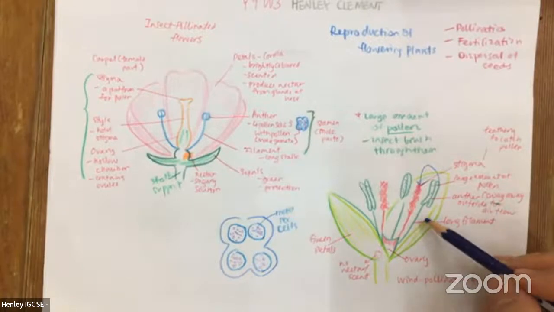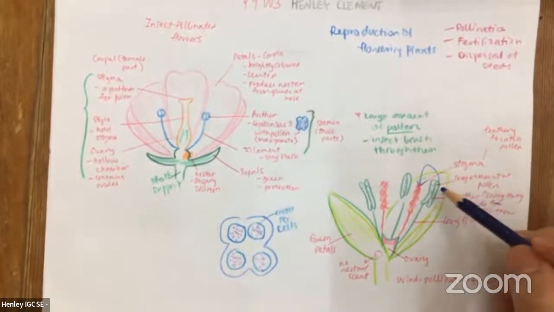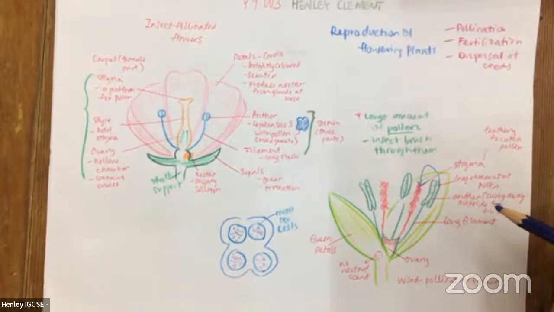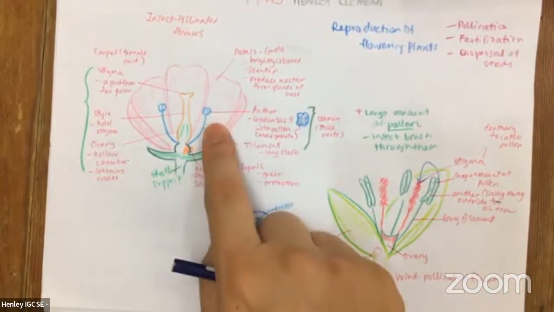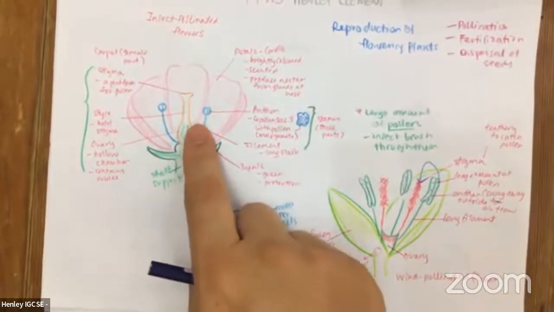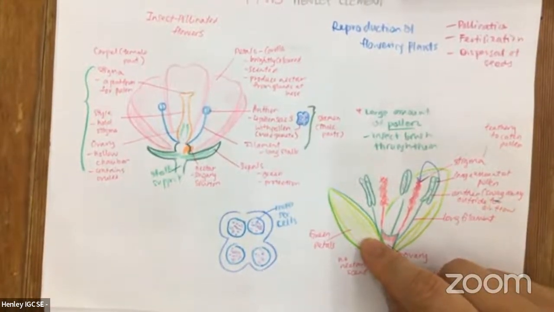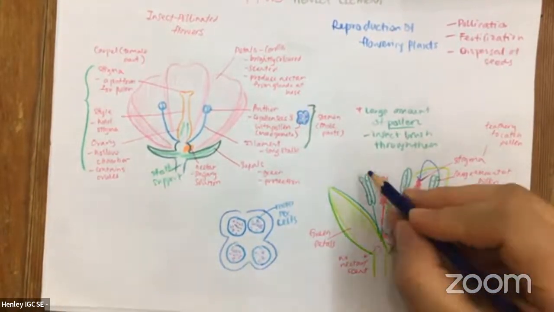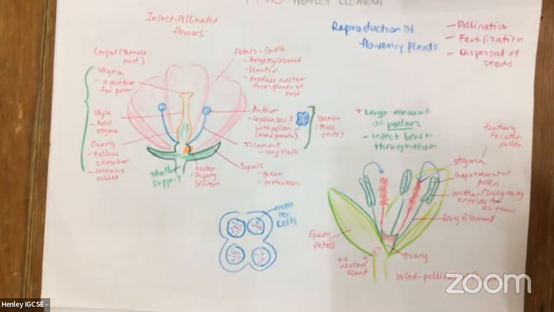Usually the filament will be outside of the petal so that the wind can easily carry the pollen away. We can compare that the petal here is green, whereas this is bright colored, because this one needs to attract a lot of insects, whereas this one has no need to attract, as the wind will automatically blow the pollen from the anther to the stigma.